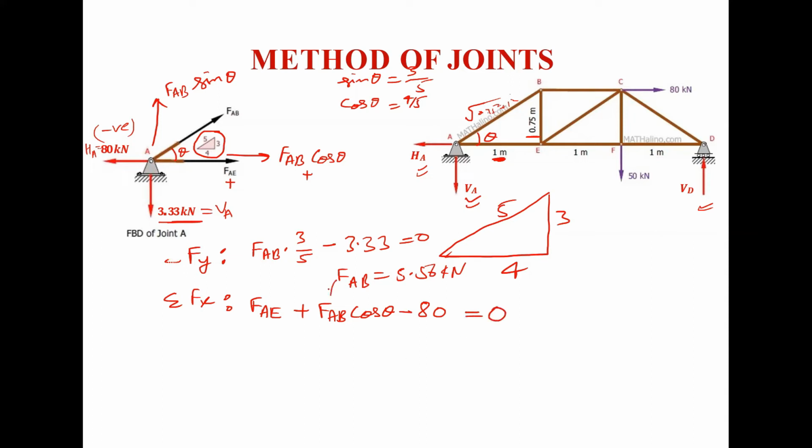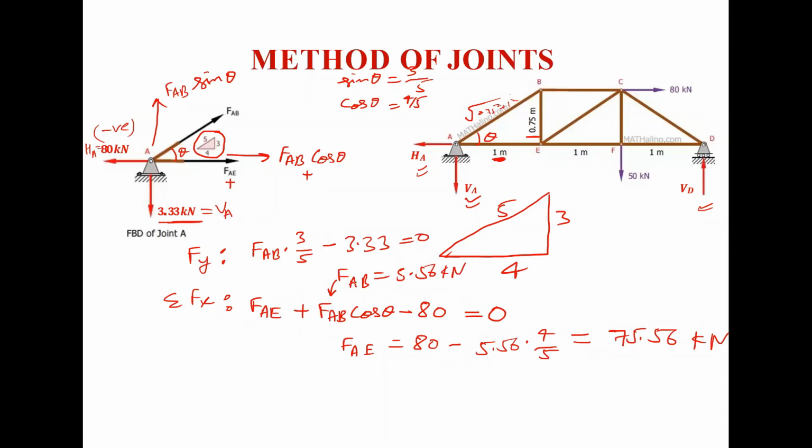And FAB is known to us. FAB is 5.56 and cos theta is 4/5. So FAE will be equal to 80 minus 5.56 into 4/5. That will be equal to 75.56 kilonewton. Solve and check.